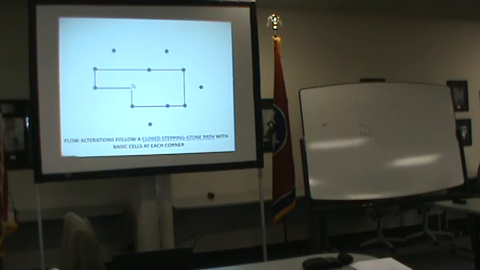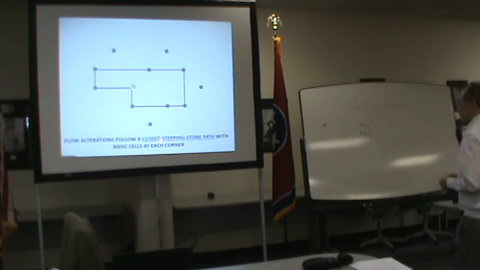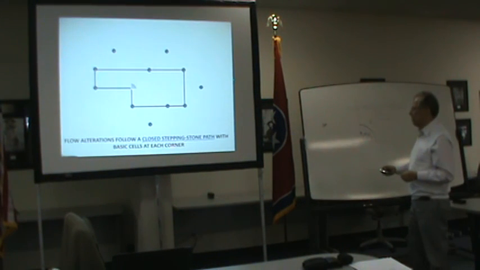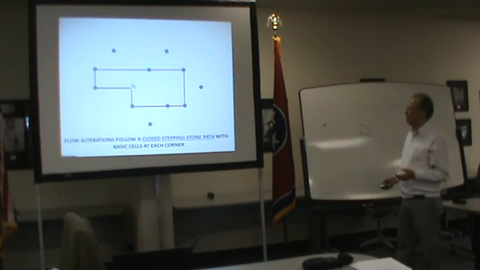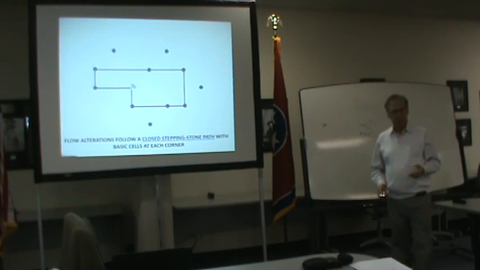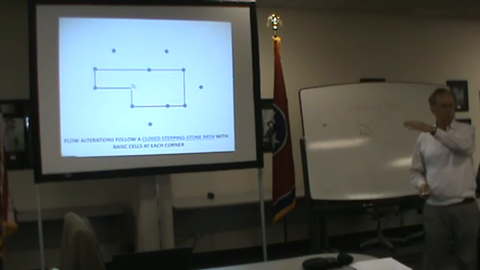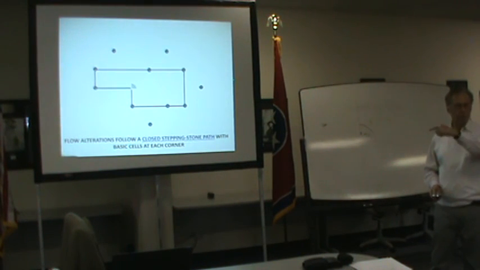Flow alterations follow a closed stepping stone path with basic cells at each corner. So this doesn't matter, this doesn't matter, it could be like that. Now, this is a general picture. I'm going to show you a picture for our problem in a minute.